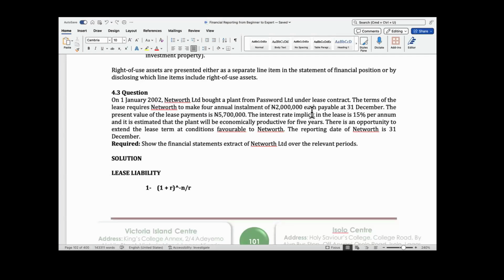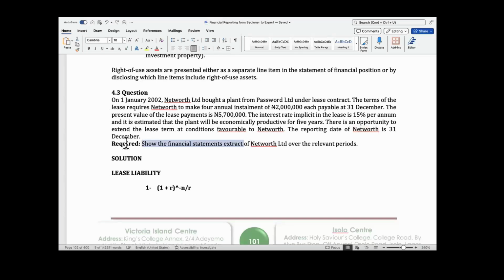The interest rate implicit in the lease is 15% per annum, and it is estimated that the plant should be economically productive for 5 years. There is an opportunity to extend the lease term at conditions favorable to Networth. The reporting date of Networth is 31st December. Show the financial statement extracts of Networth Limited over the relevant periods.